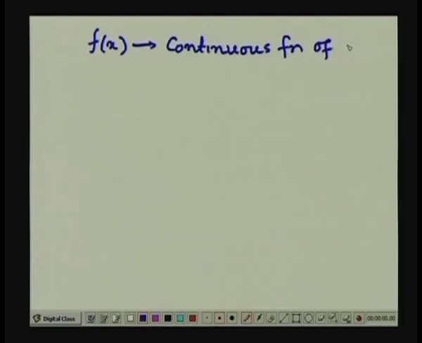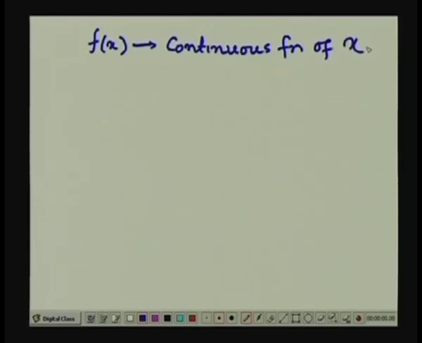As we have seen earlier, let us first talk about the Fourier transformation in the continuous domain, and assume that f(x) is a continuous function of some variable x.